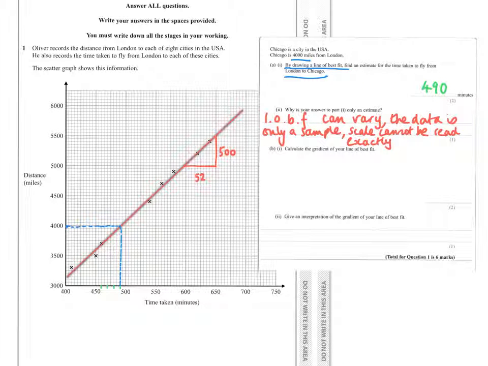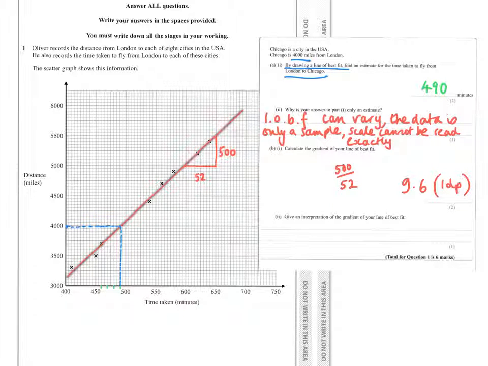So we've got 500 divided by 52, and on the calculator, that gives me 9.6 as the gradient, and that's to 1 decimal place. The mark scheme allows between 9.4 and 9.8, and of course if your line of best fit is slightly different, they'll allow for that as long as you've done a decent line of best fit.